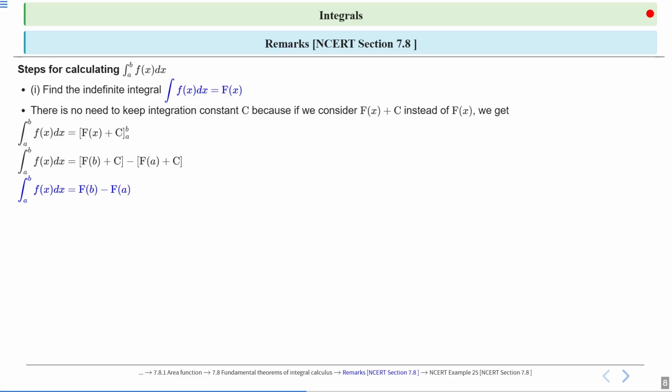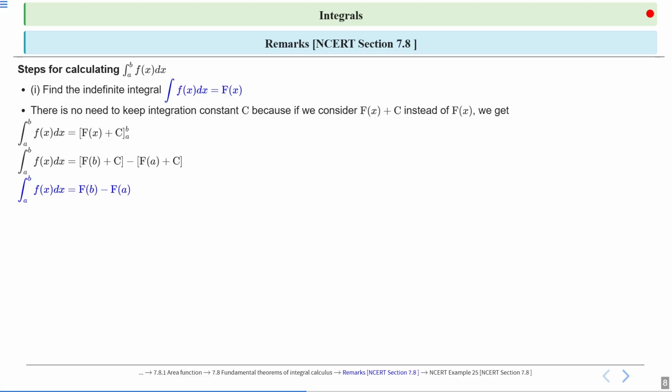So to calculate the definite integral from a to b of f(x) dx, at first we have to calculate the indefinite integral, the integration of f(x) dx, and then just find the value of capital F(b) minus capital F(a), where F is the antiderivative.